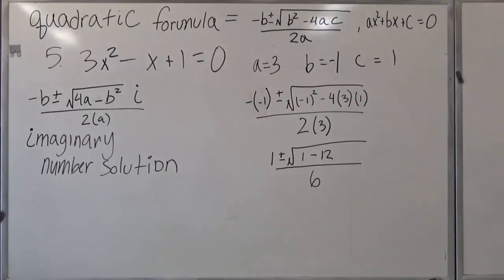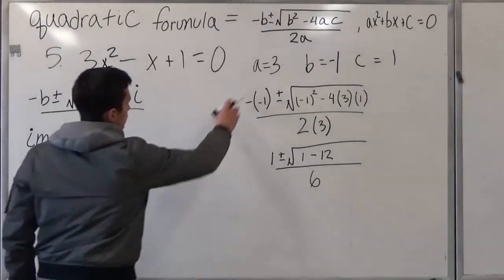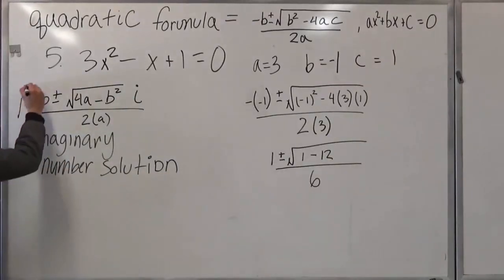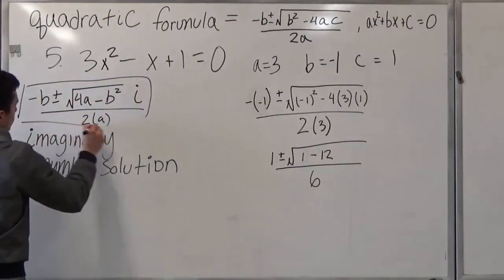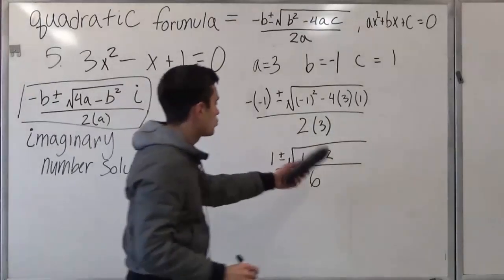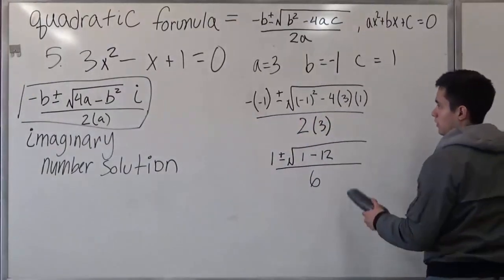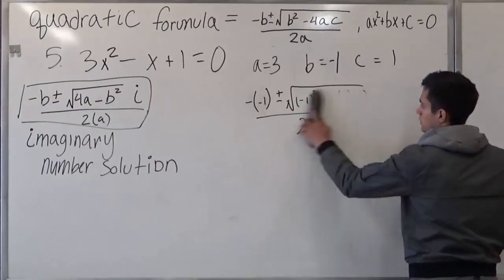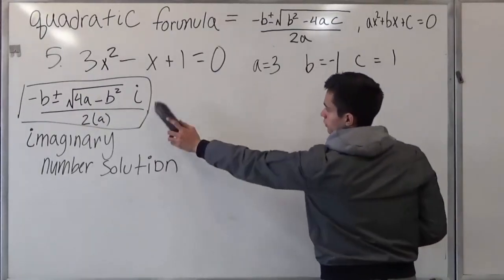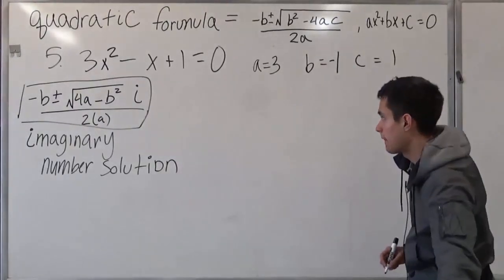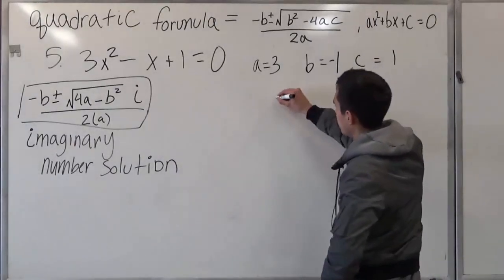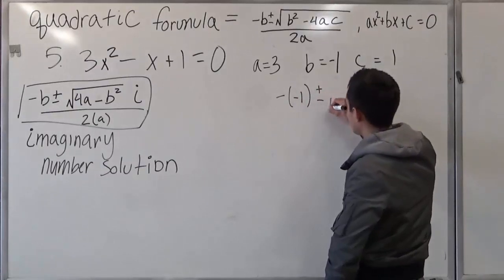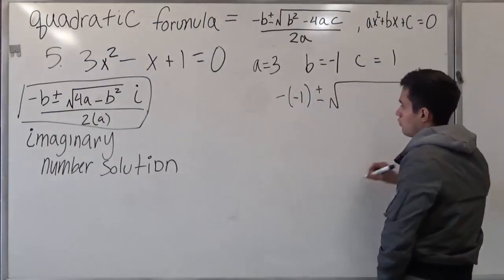So now let's try to plug in these coefficients into this formula, because we see that 1 minus 12 gives us a negative, so we want to get a solution. So let's erase this and plug it into this formula. So off the bat, we know negative 1, because it's b, plus or minus the square root of 4 times a times c.